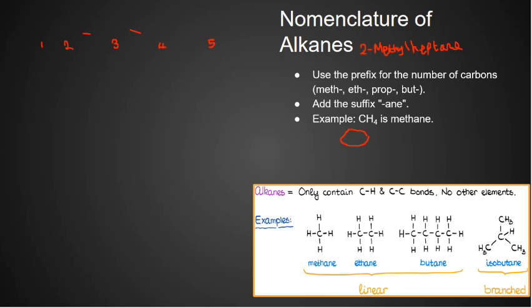Now you can see here, and I've also stated this earlier, that they only contain single bonds, which simply means that they are saturated hydrocarbons. Saturated hydrocarbon, the hydrocarbon with just a single bond.